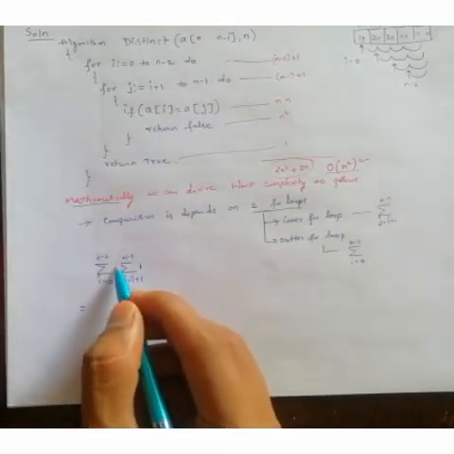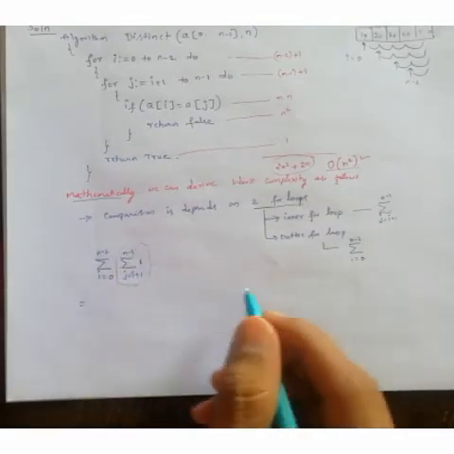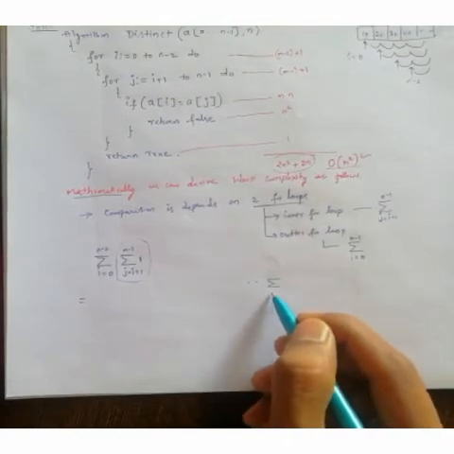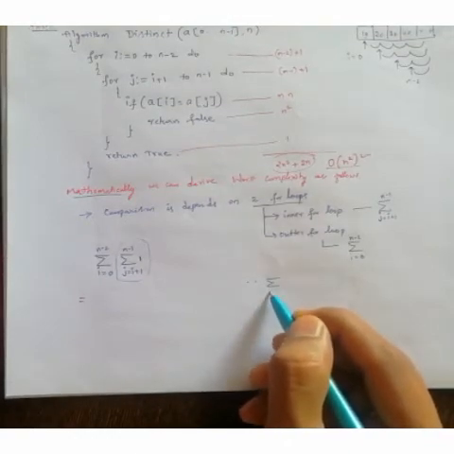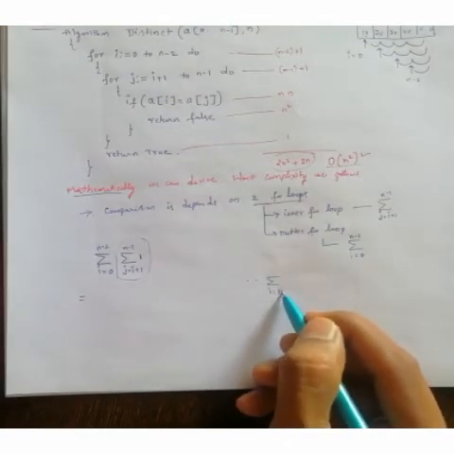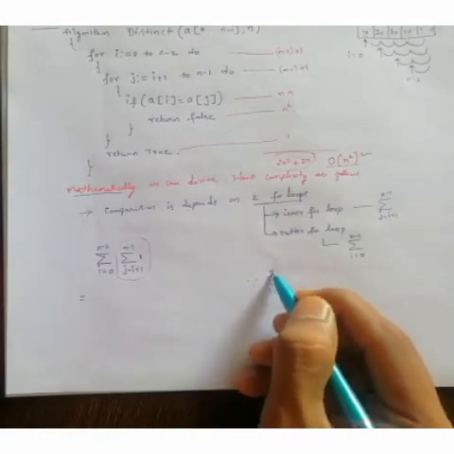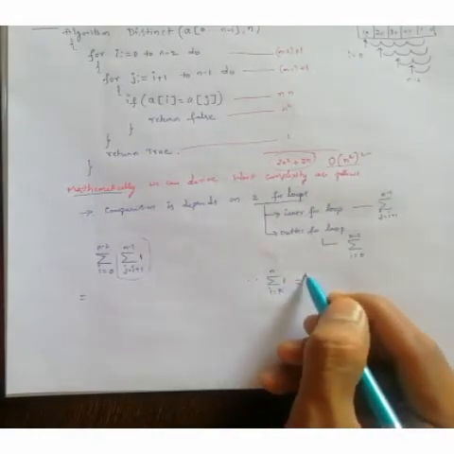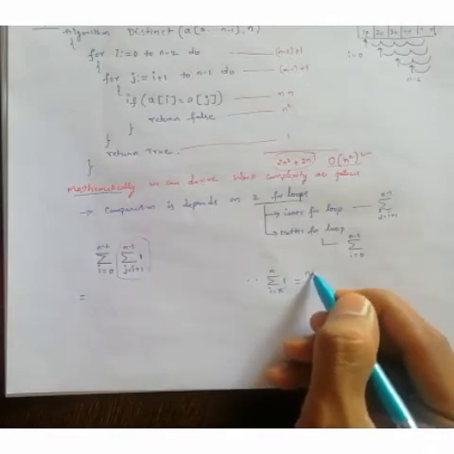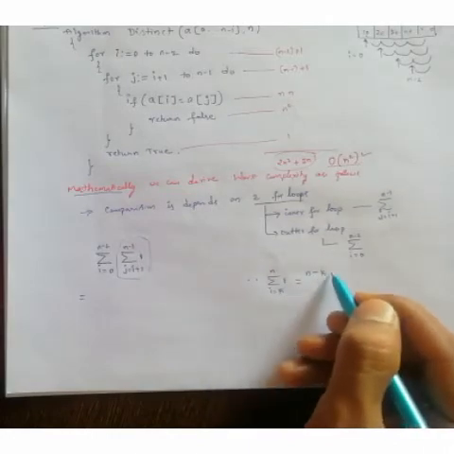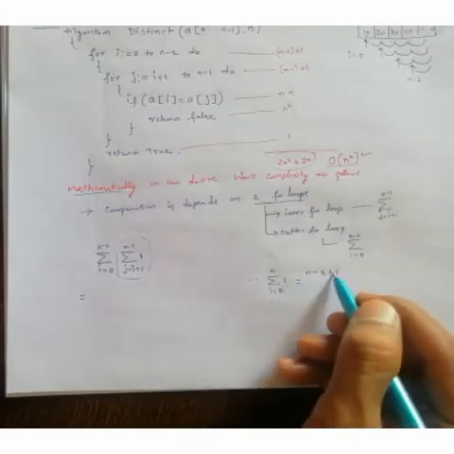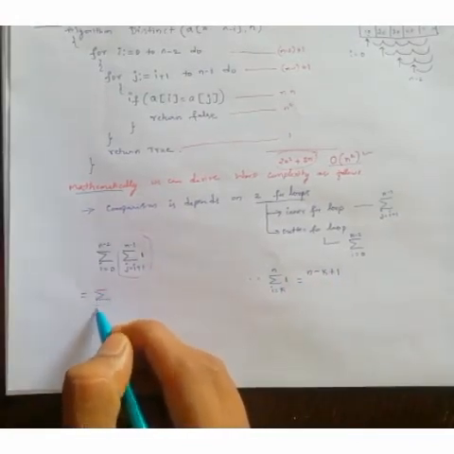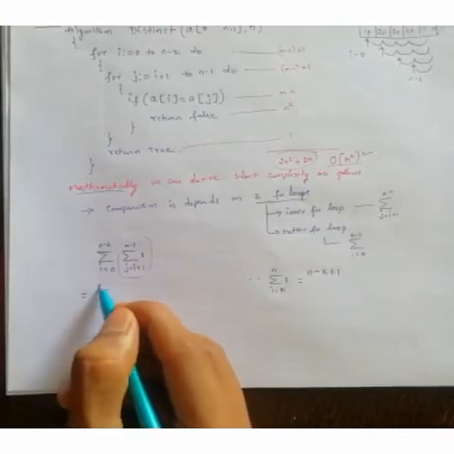So this I can rewrite by using the formula. We know the formula already. That is summation of I is equals to k to n of 1, then I can write upper limit minus lower limit plus 1. So here also I can write I equal to 0 to n minus 2.